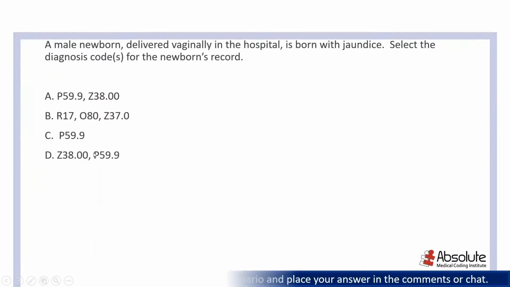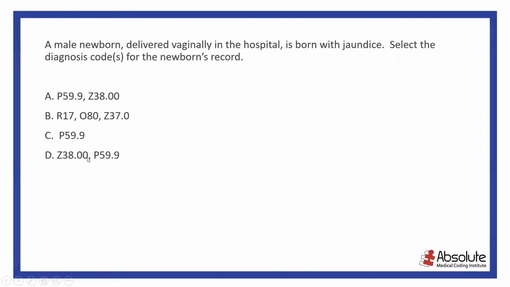Now it's time for us to do some ICD-10 flip exercise, and this is your question. Select the diagnosis codes for the newborn's record. Your options are option A, P59.9 Z38.00; option B, R17 O80 Z37.0; option C, P59.9; option D, Z38.00 P59.9.